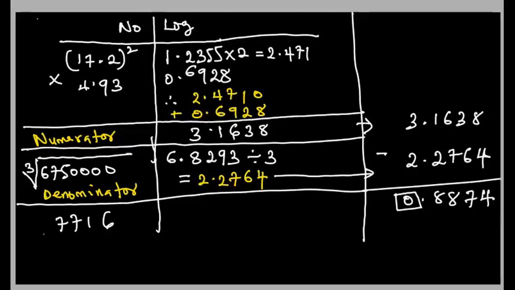So I'll move 1 decimal place forward from the left towards the right, and then pick my decimal. So finally my answer becomes 7.716, and this is the value of our anti-log. So 7.716 is the final answer to that problem using the logarithm table.